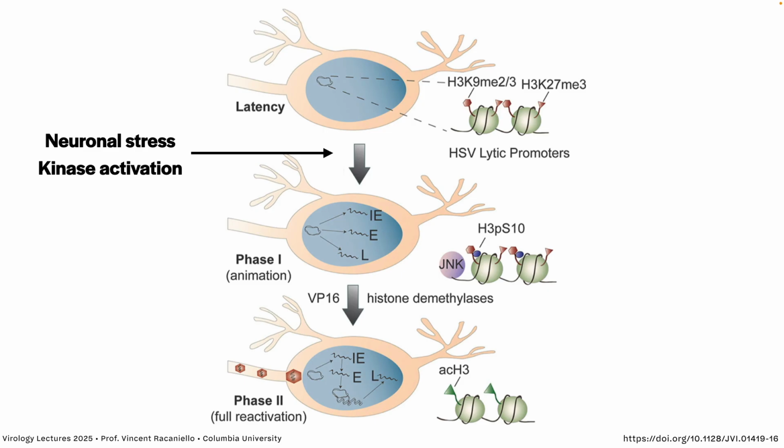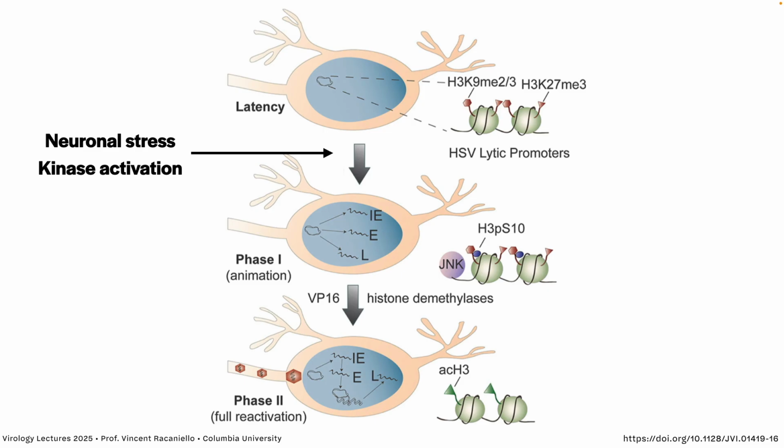When you get stressed, you activate protein kinases in your neurons. And these protein kinases phosphorylate one of the histone proteins, this particular one here, and partially reverses the silencing, so that all three classes of transcripts can be made: immediate early, early, and late.